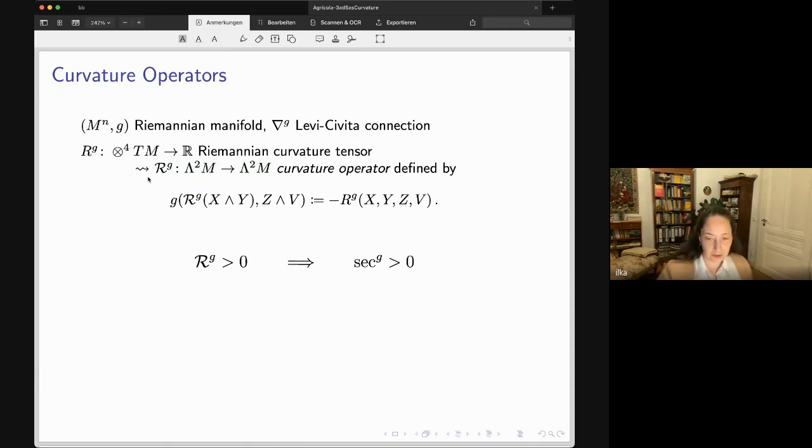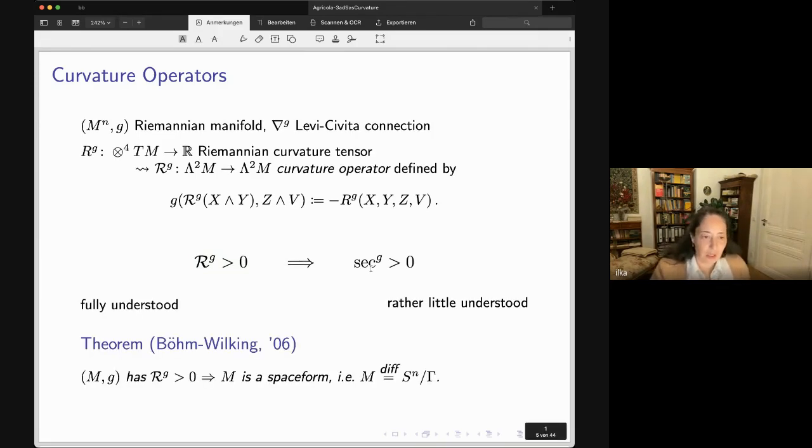the sectional curvature is positive. So if you can prove that this is positive, this would be a way to show that your manifold has positive sectional curvature. Unfortunately, things are not that easy because actually conditions for positive sectional curvature are rather little understood.